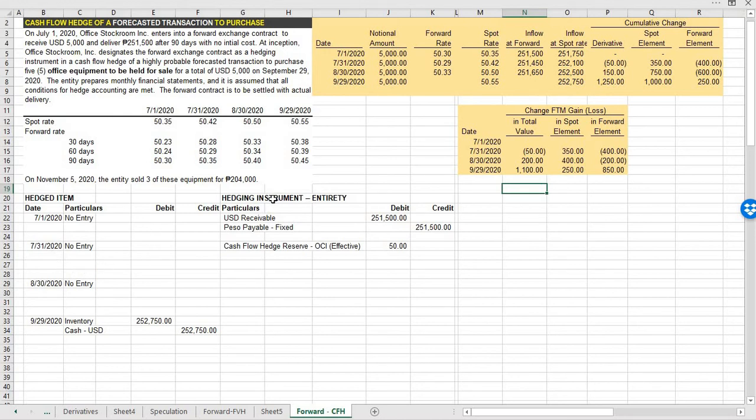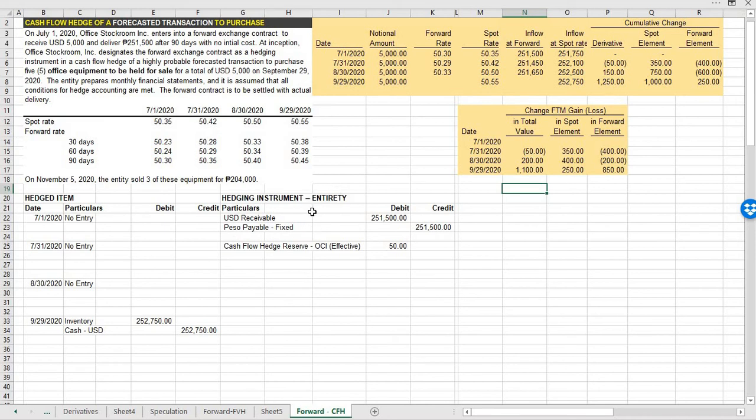Magre-record ka ng account affecting profit or loss para yung profit or loss na na-record for the hedging instrument, yun yung mag-o-offset doon sa account na related sa hedge item that affects the profit or loss. So, para may offset siya. Yung P&L dito, ma-offset yun ng P&L dito sa hedging instrument.